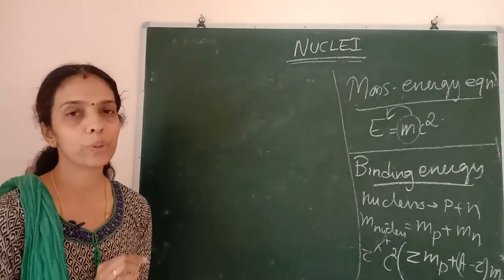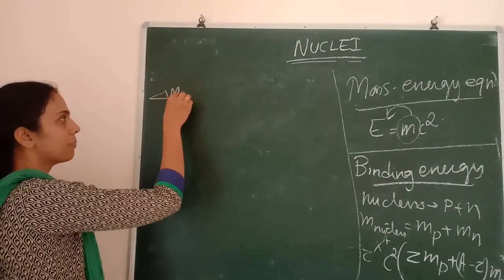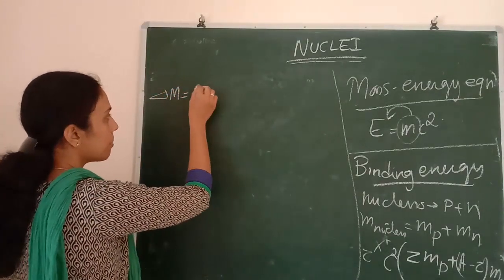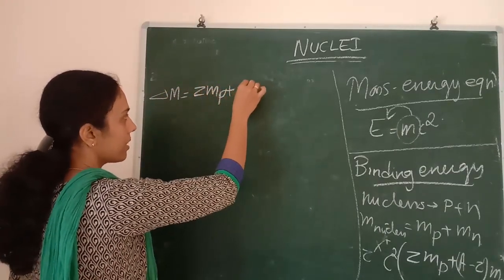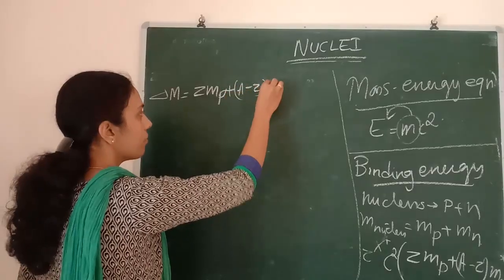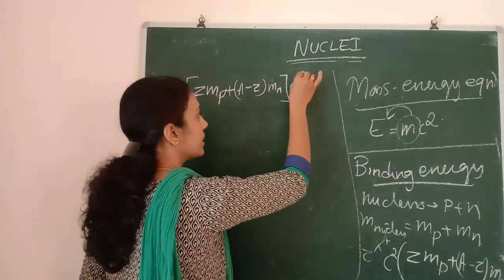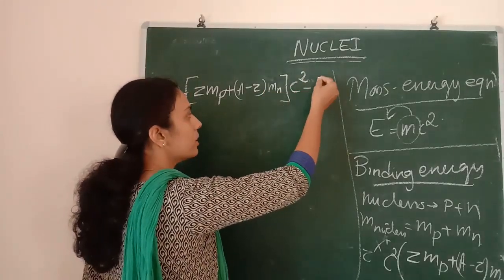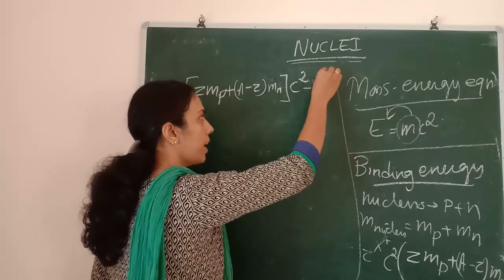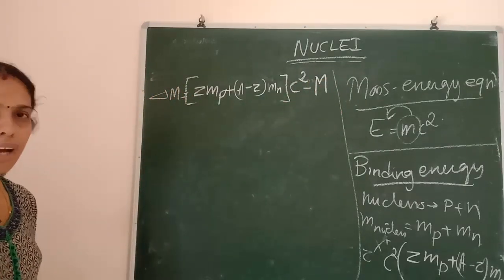Now we are going to calculate the defect in mass, or change in mass. This is the original mass which we got by the theoretical way: Z into mass of proton plus A minus Z into mass of neutron. If I find the mass of an atom using a mass spectrometer, I get M, the mass of the atom using the mass spectrometer.